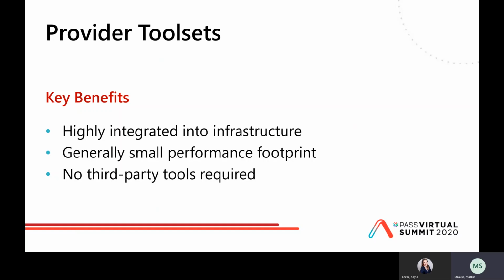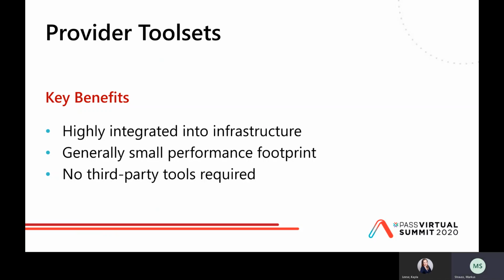Just to understand that, if we do install something or if we do hook something into the middle, there is almost always a performance penalty. So having a tool set that's essentially designed from the ground up to work within that particular environment and that particular infrastructure generally provides us with a tool set that has a very small performance footprint.